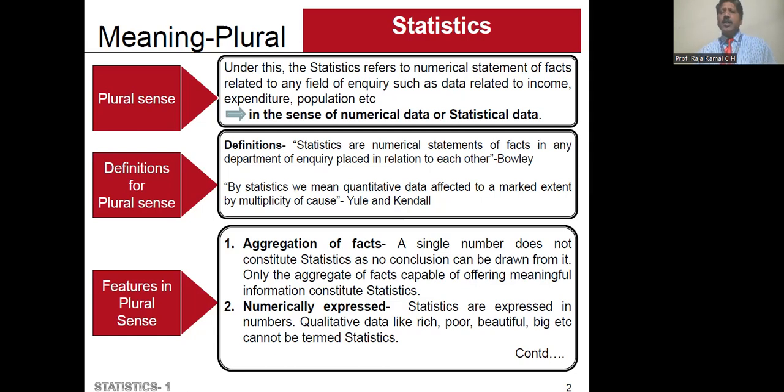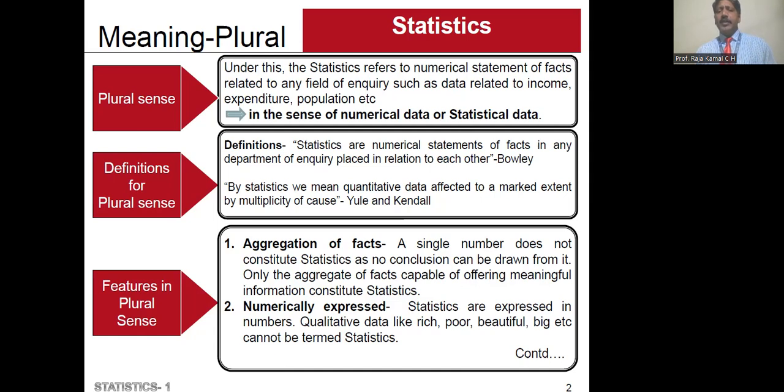There are so many reasons why the customer was not satisfied. It's not only that there is no quality in the product. So there is a relation from one item to another, which we statistically call a variable. Each variable is a numerical statement of facts, and there is a relationship between one variable and another.